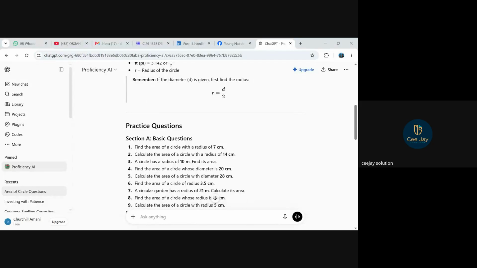Now I want us to go to area. Now we can be able to calculate the area of a rectangle, square, I hope I've typed it well, and triangle.